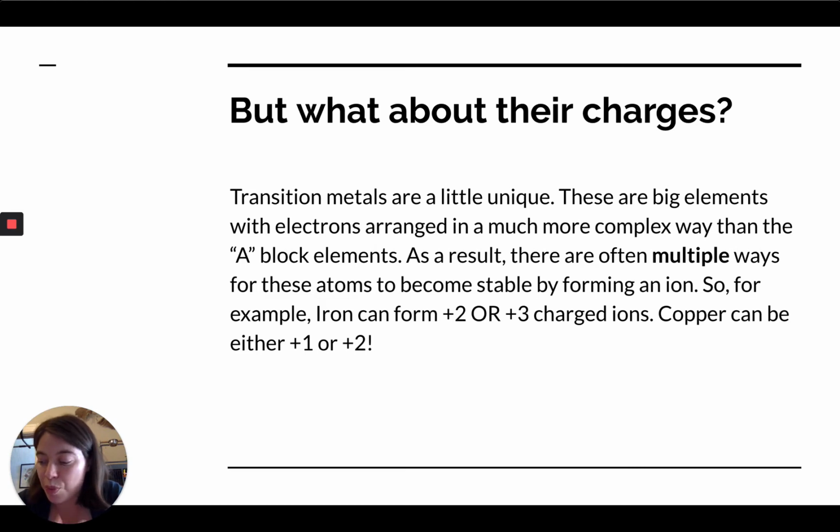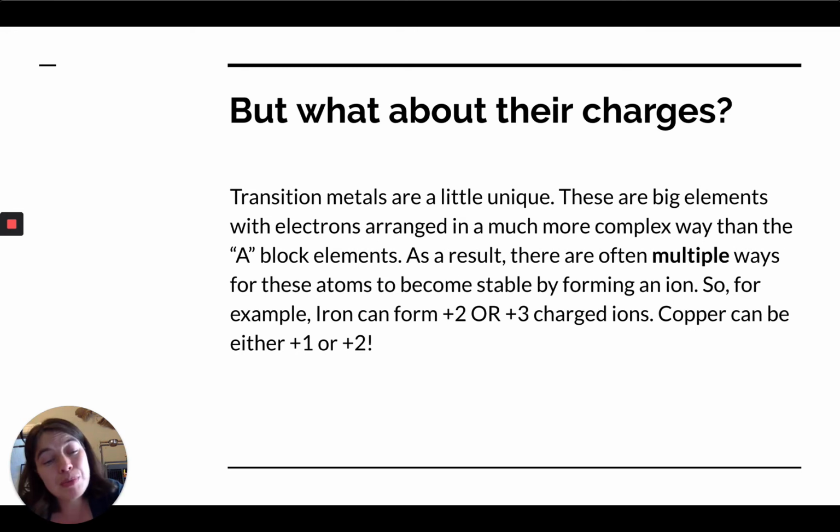So the way that the electrons in the transition metals are arranged is a lot more complicated. There's a whole different type of orbital that we start seeing in the transition metals. And because of this, there are actually multiple ways for the atoms in the transition metals to lose electrons. They do lose electrons like all metals. They tend to form positively charged cations.